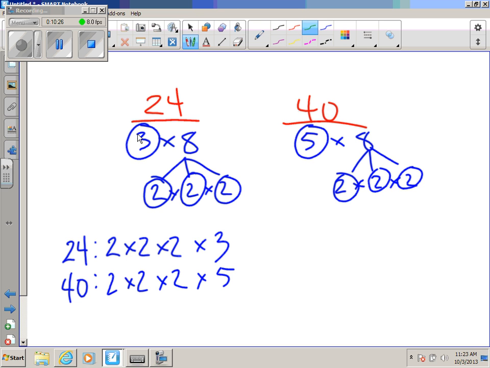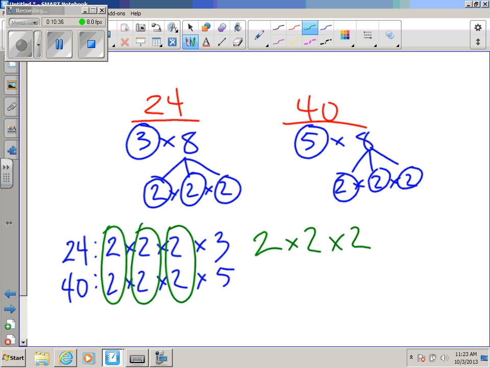So they have a 2. I'm going to write it down. They have another 2. And they have another 2. And a 3 and a 5. Those the same? No. Now be careful. This isn't 6. 2 times 2 is 4. 4 times 2 is 8. 8 is your GCF.